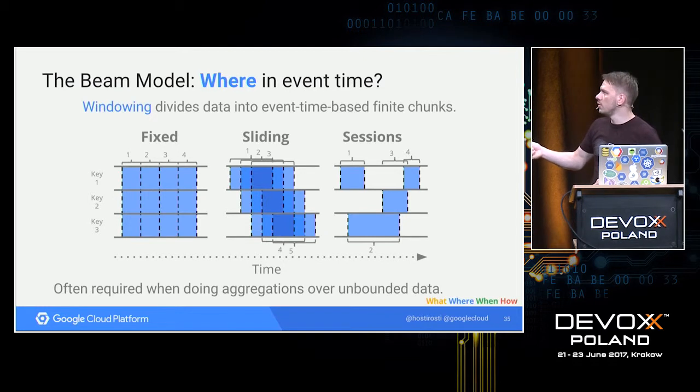Some that are available are, for instance, a sliding window, where you say, I have a 5-minute window and I shift this 5-minute window every minute, and I want to have an aggregation over this sliding window. Another one is sessions, where you, for instance, based on a user key and some kind of delay, can define sessions for a user, and you do the windowing per user key, and you don't use time in this case.